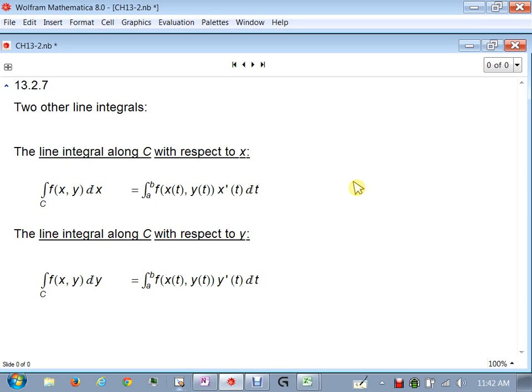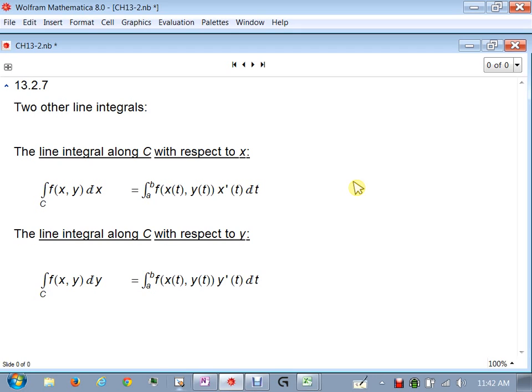Everything is exactly the same, except that instead of having to compute that ds, which was that square root of all that stuff, we just use dx here. And that dx is just the derivative of the parametric equation that we have for x.